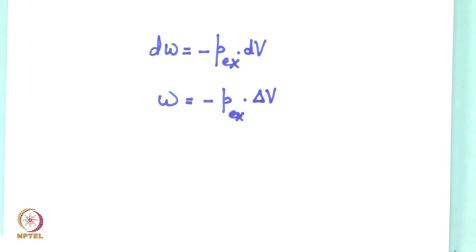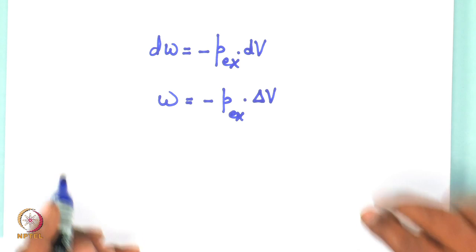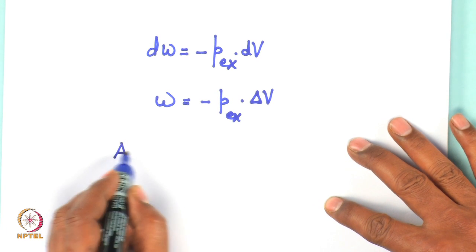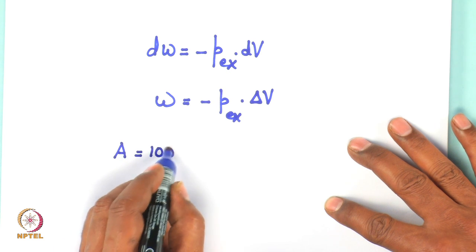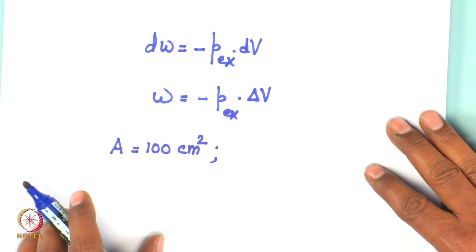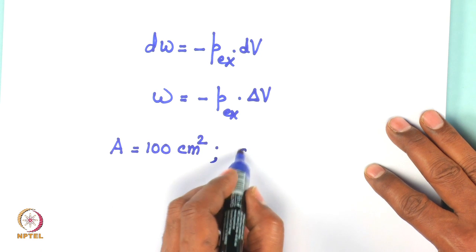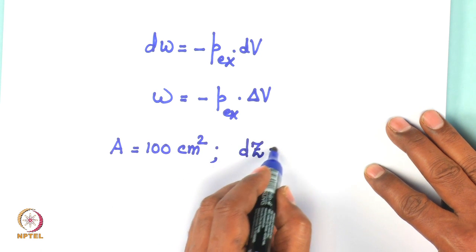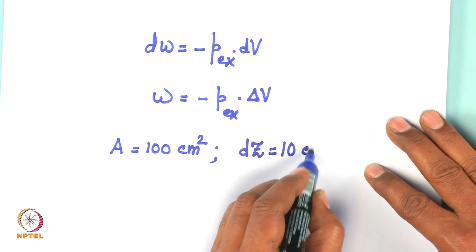In the given problem, you have the area of cross section as 100 centimeter square, and the length moved dz is equal to 10 centimeter.